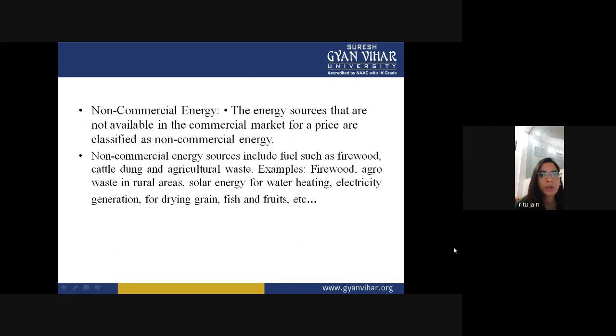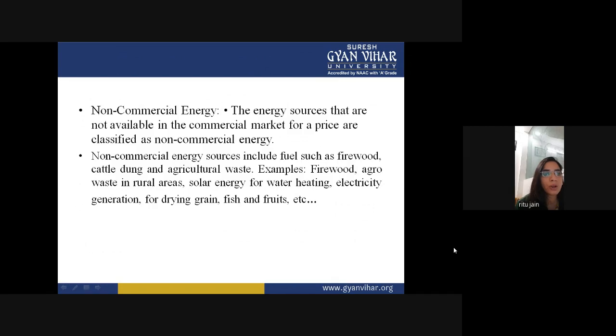These are the non-commercial energy sources for which you are not paying a single pie.